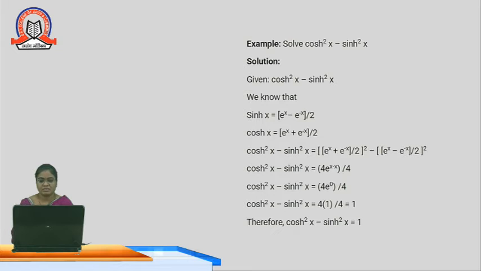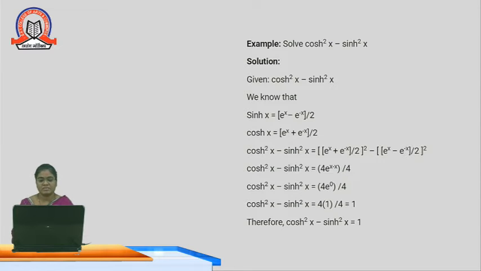First example, solve cosh square x minus sinh square x. So we are using the hyperbolic function formulas. Sinh x equals e power x minus e power minus x upon 2. Cosh x equals e power x plus e power minus x upon 2.